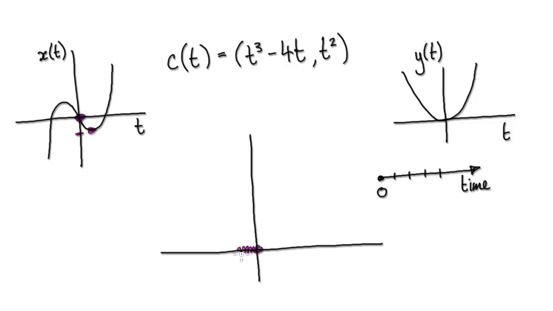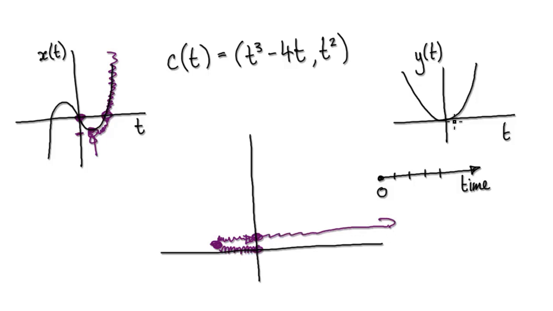It's going to reach its maximum to the left, and then the x location will head back towards 0. So this bit here will correspond to this bit here. And then it's just going to move to the right all the time.